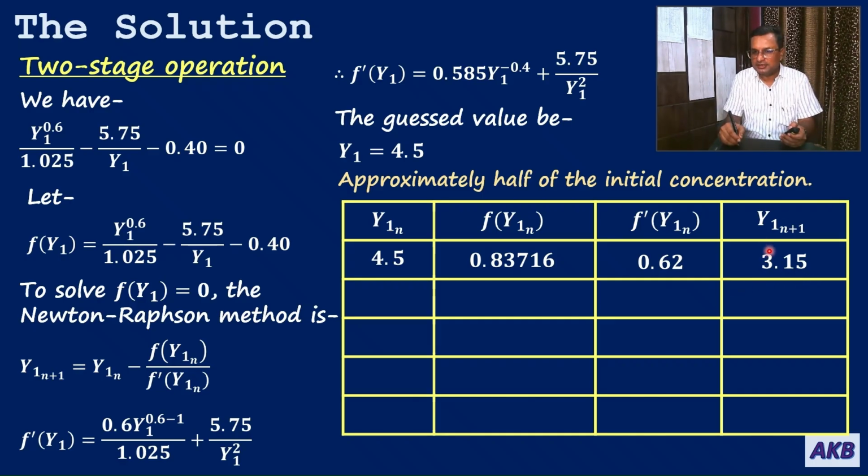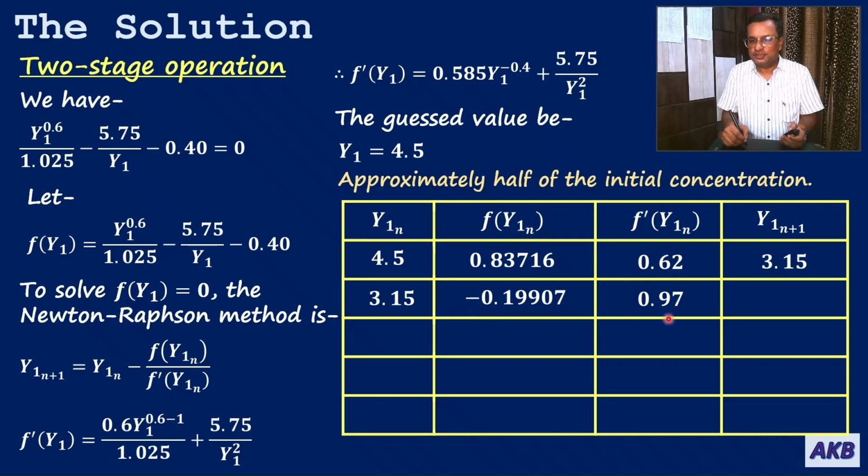In the next iteration, I'm going to use this as the old value. So y1 now is 3.15. The function at this value is minus 0.19907. The derivative of the function is 0.97. And the new value for y1 is 3.35.